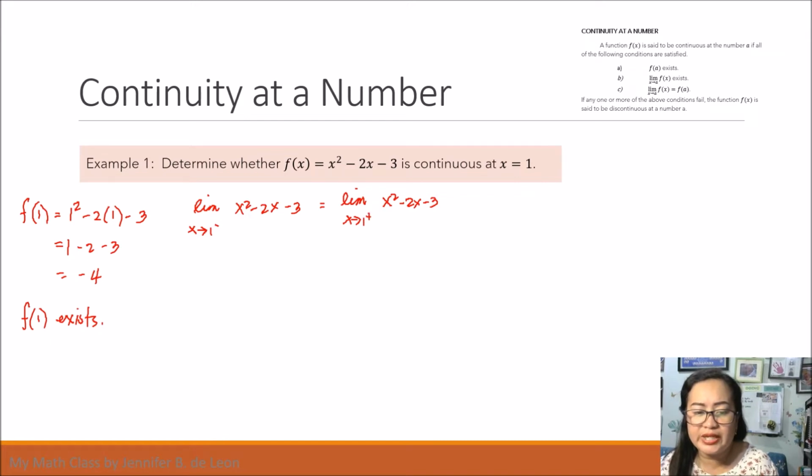Now we evaluate the given function at x equals 1, so we will have 1 squared minus 2 times 1 minus 3.